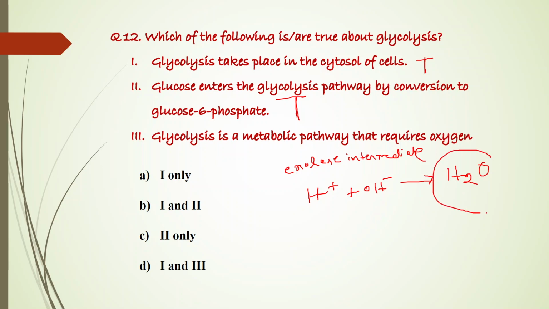That is also not coming from an oxygen molecule. It is individual H plus and OH minus forming an enolase intermediate, guided by the enolase enzyme, and you have the formation of H2O. So in none of the steps do you have a direct requirement of oxygen.